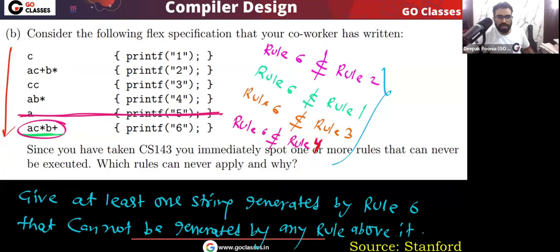Can you give me any such string that can be generated by rule 6, but it cannot be generated by any rule above it? Give at least one such string.